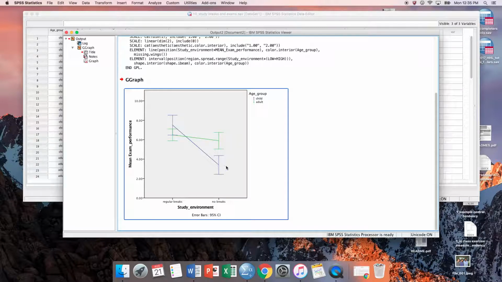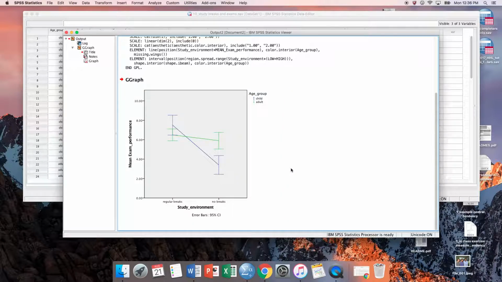So in looking at this, we can interpret it as exam performances were overall higher in the breaks versus no breaks group, but children, when they had no breaks, performed much worse compared to with breaks than adults did. So basically the difference between these two conditions was much more pronounced among children in their performance compared to adults.